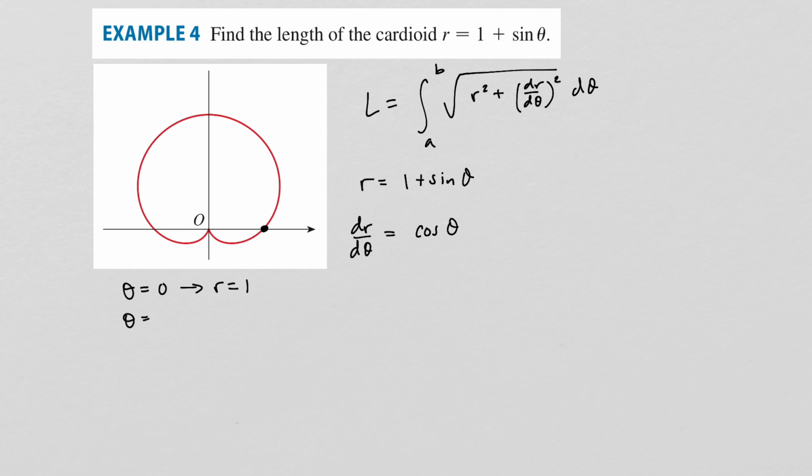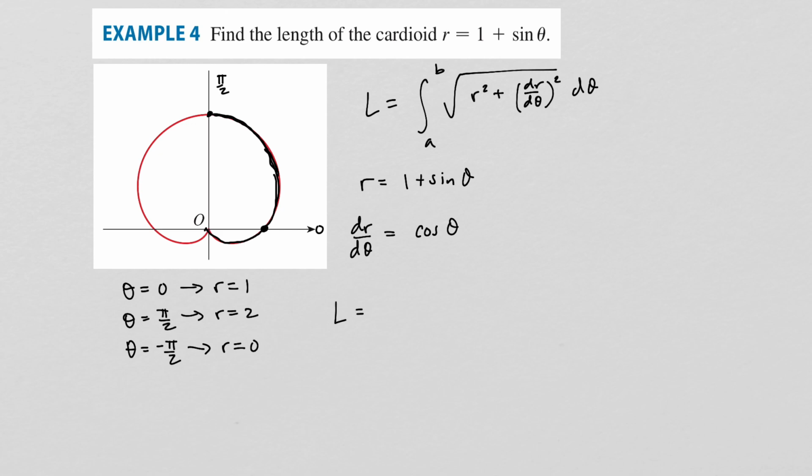We know when theta equals pi over 2, r will be 2. That is this point up here. So if we go from 0 to pi over 2, we will capture this arc length. But to get the rest of this arc length, we have to actually take it backwards to negative pi over 2. And if we go back to negative pi over 2, you'll see that r is 0.